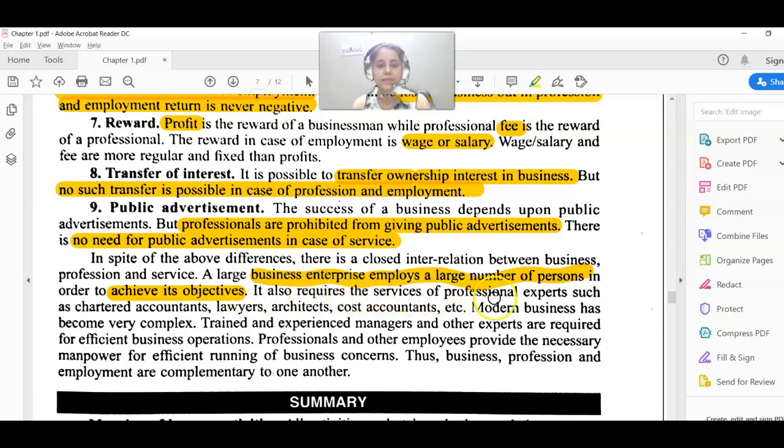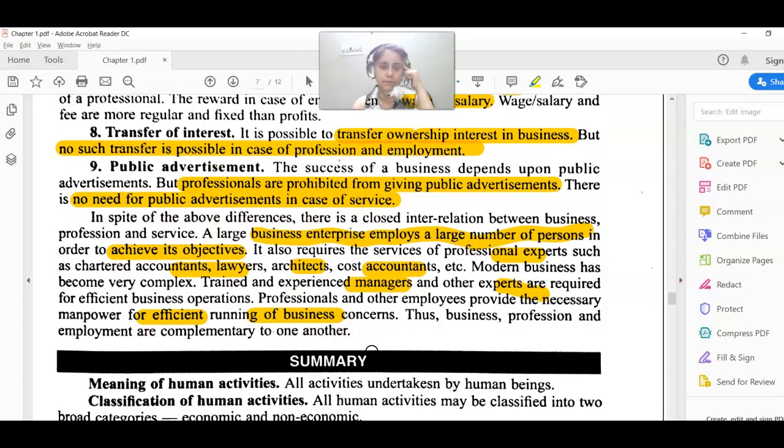It also requires the services of professional experts such as chartered accountants, lawyers, architects, cost accountants, etc. Modern businesses have become very complex. Trained and experienced managers and other experts are required for efficient business operations. Professionals and other employees provide the necessary manpower for efficient running of a business concern. Thus, business, profession, and employment are complementary to one another.